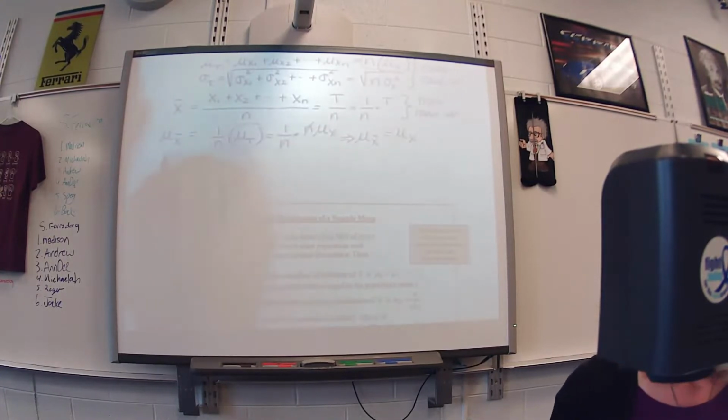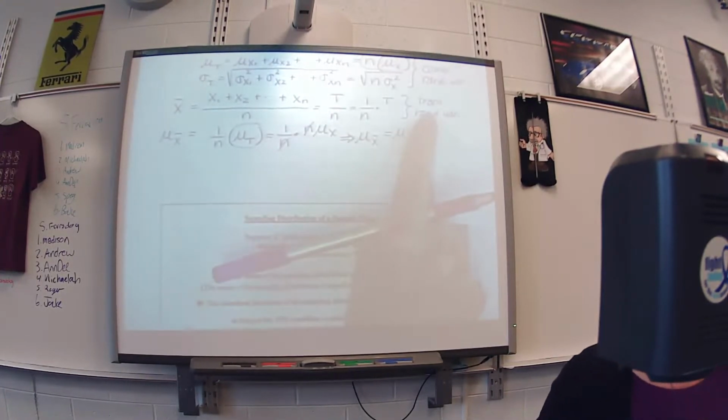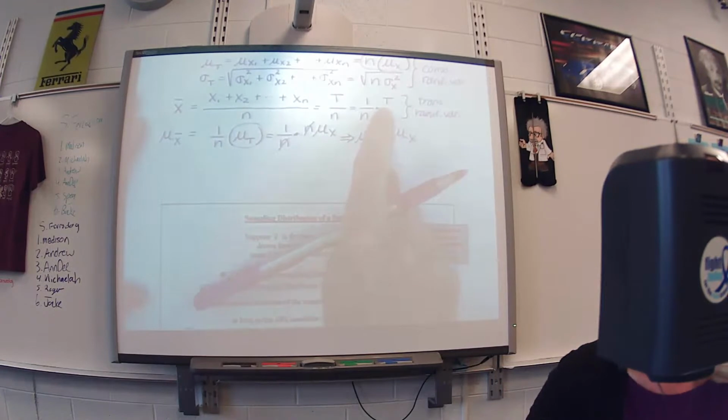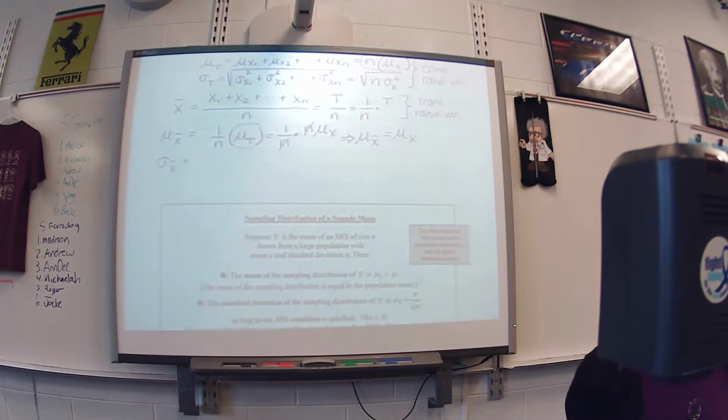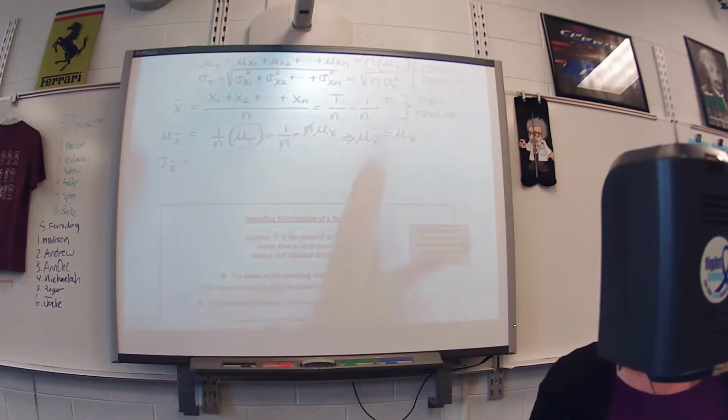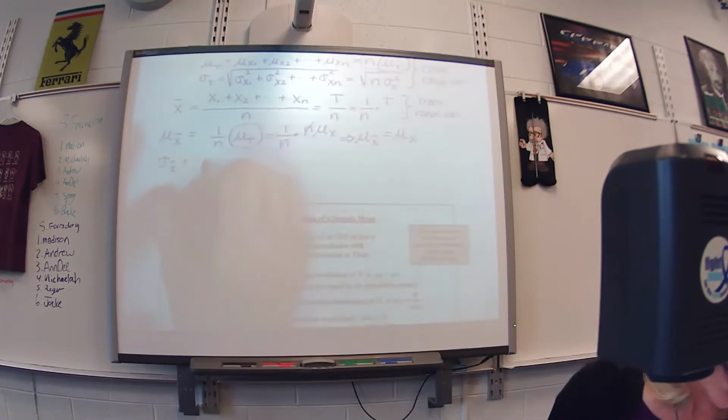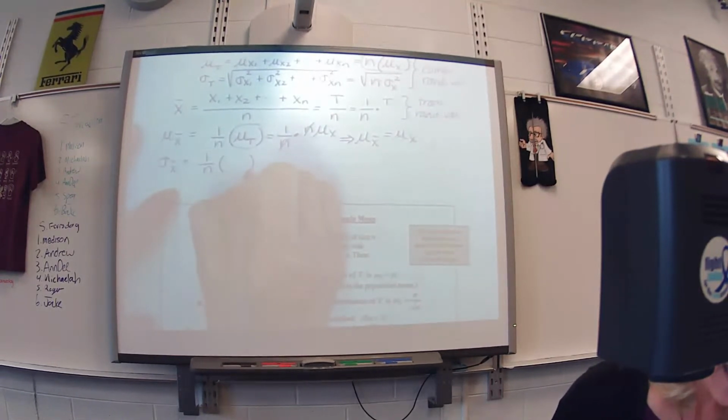Now, remember, we're now transforming. This is when I realized what I had done, because when I did my substitution, I'm like, this is not right. But now I'm transforming. So if I want sigma for x bar, now when you're transforming a random variable, you really can just change the sigma. So I could take 1 over n and multiply by the sigma for t.